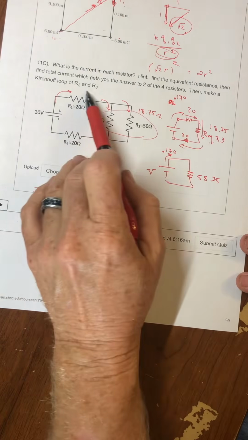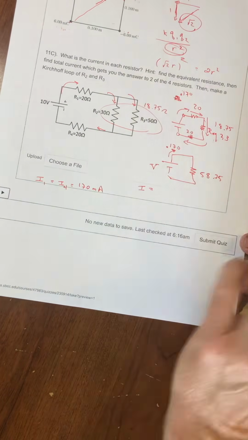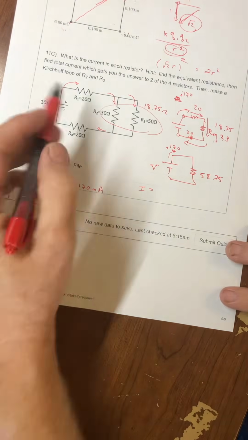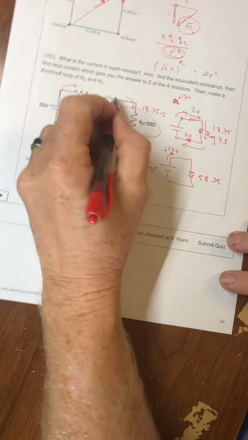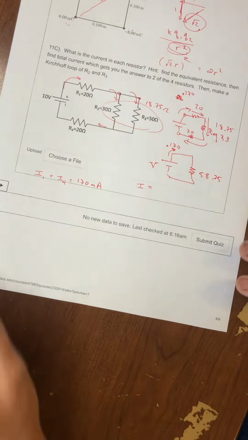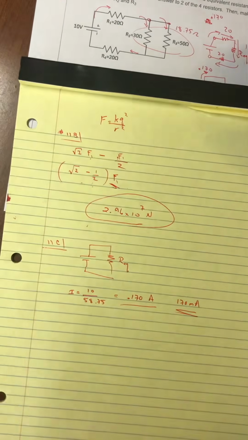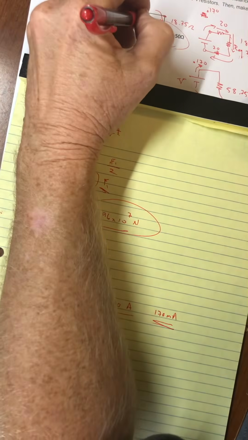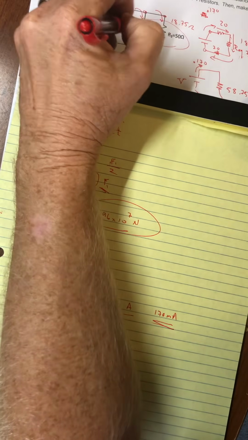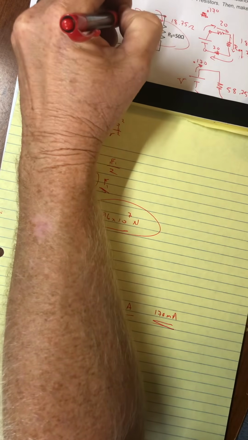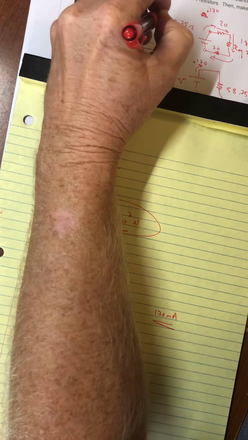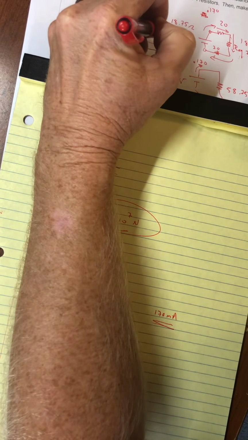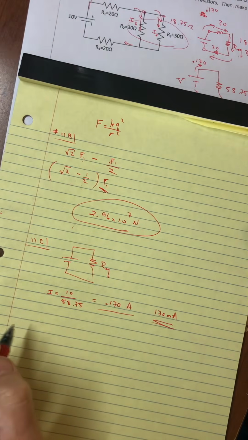And that's what the hint is trying to say. It says make use of equivalent resistance, and hint, this will give you 2 of the 4. So we've already got the current in number 1 and number 4, but clearly it now splits off. Okay. And this is where the hint says go ahead and make a loop. And so maybe going down this part here, I will call this current number 2, and going down this piece, I will call current number 3.